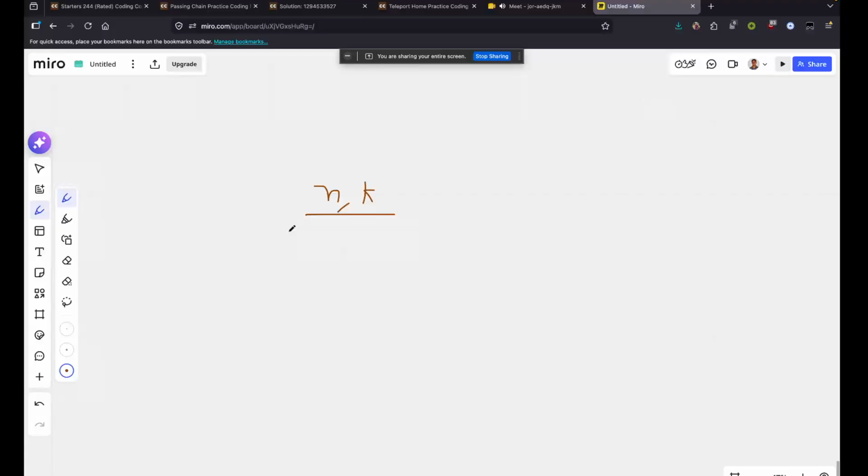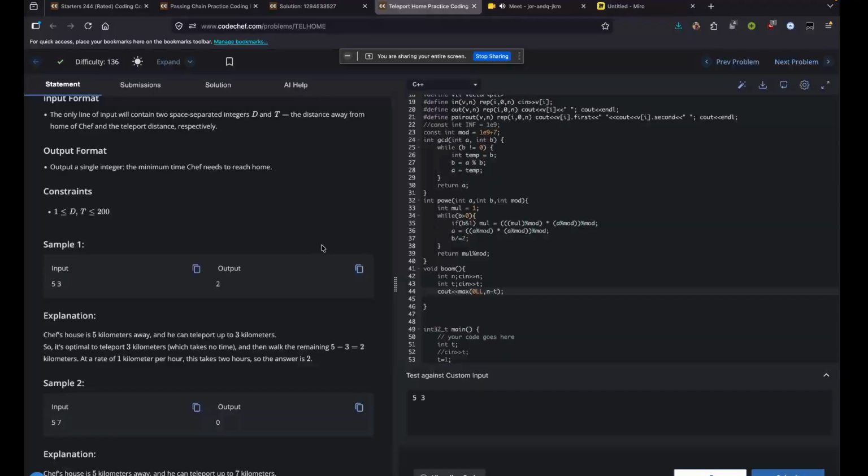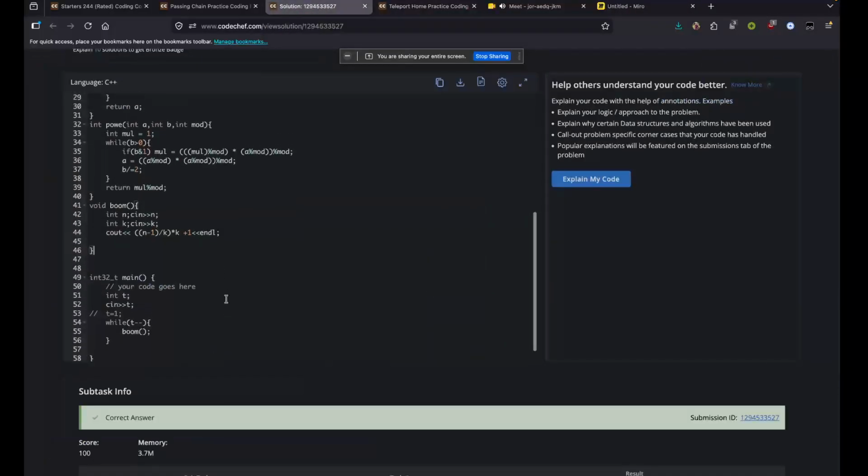As you told, we can use a while loop, which is a brute force approach. What I have done was first take n minus one, divided by k.